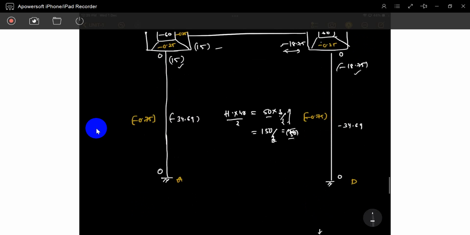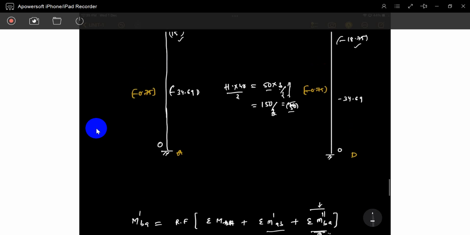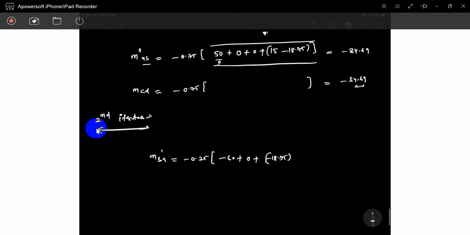Now the translational moment you will get only for BA. BA is 34.69. So that's it.